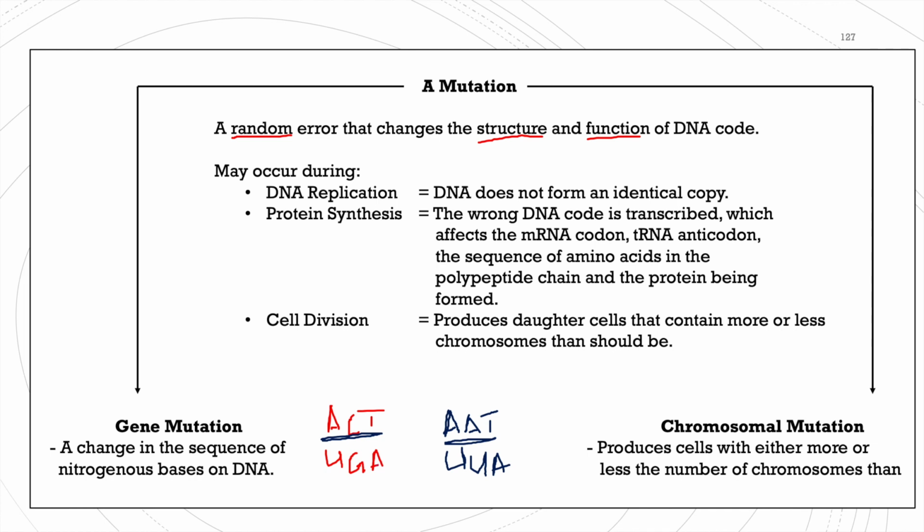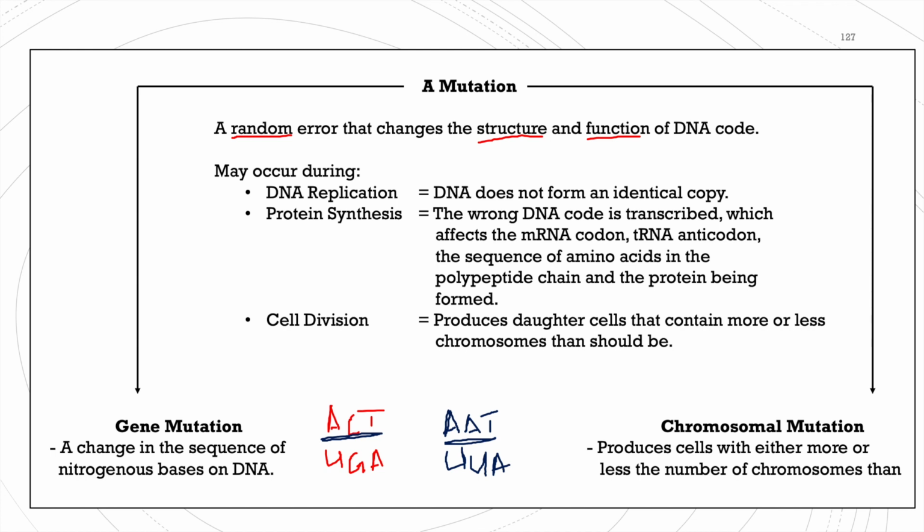And if the mRNA codon changes, then it means that the tRNA anticodon will also change. The amino acid that is brought to the ribosomes during translation will also change, and a wrong protein will be made, instead of the protein that initially had to be made by the cell.